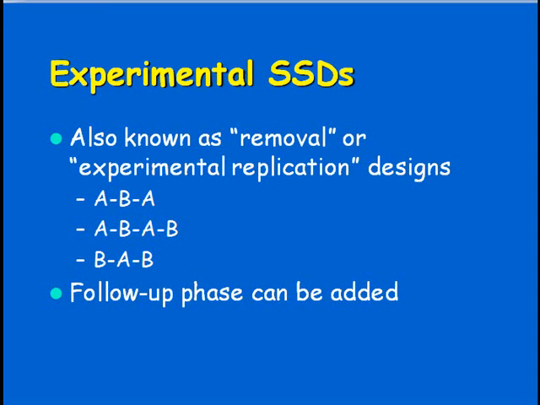And if it does, then that gives more evidence that the intervention was the cause of the change. But there are some limitations to this that we'll talk about, and some advantages.